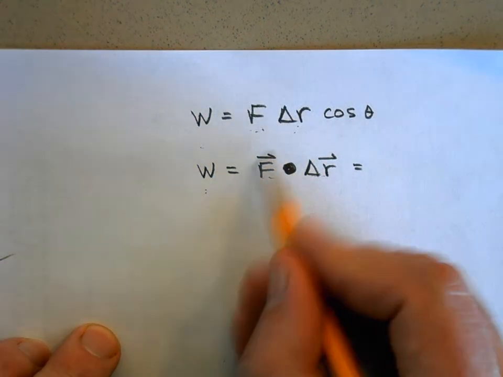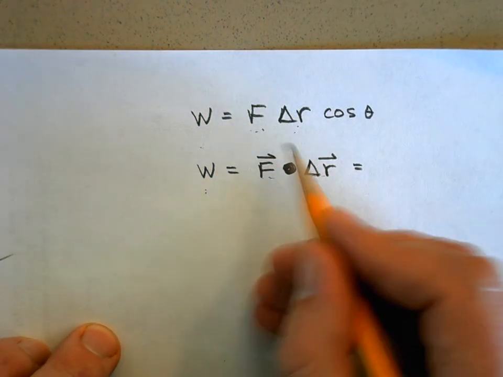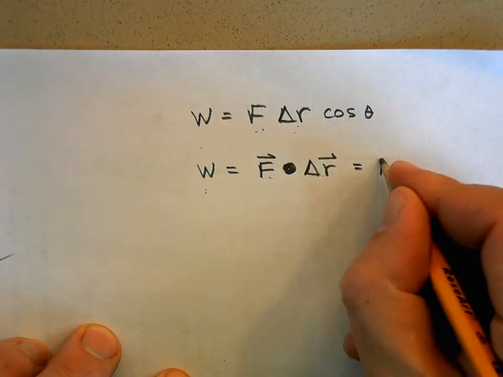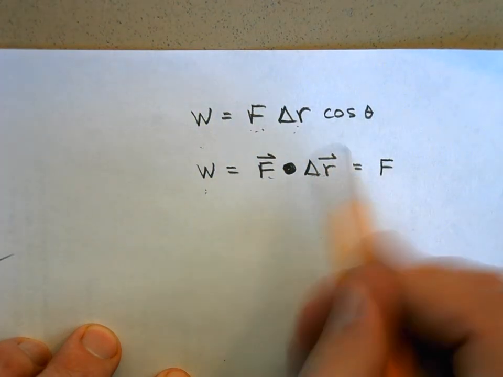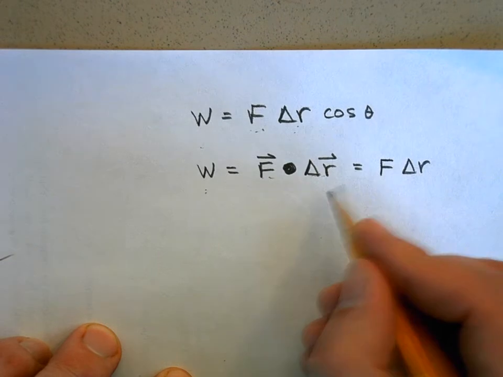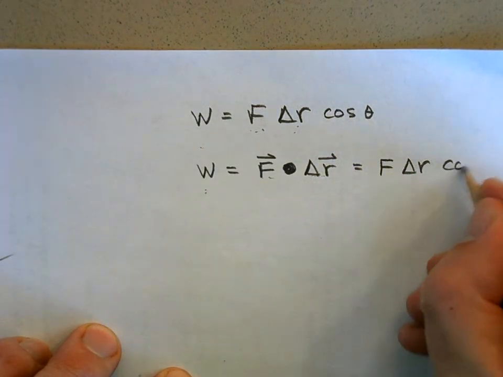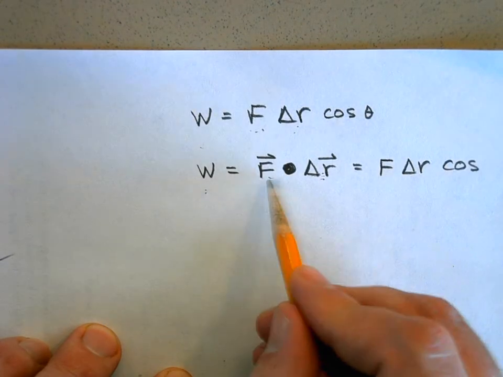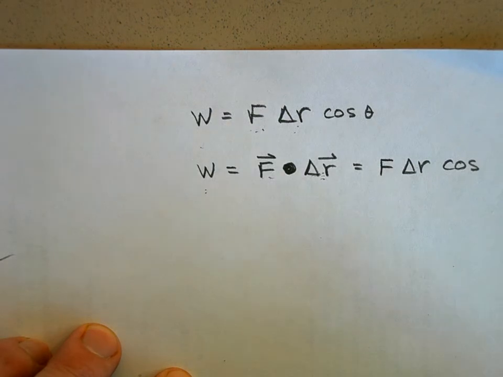Take the magnitude of the force, multiply it by the magnitude of the second vector, delta R, and then multiply that by the cosine of the angle that you get when you draw these so that they're tail to tail.